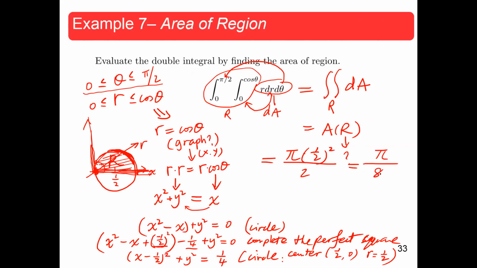So it'd be pi/8. So again, for this problem, we recognize r dr d theta is just dA, and the integrand is 1. Therefore, this double integration is actually asking you for the area of region R.